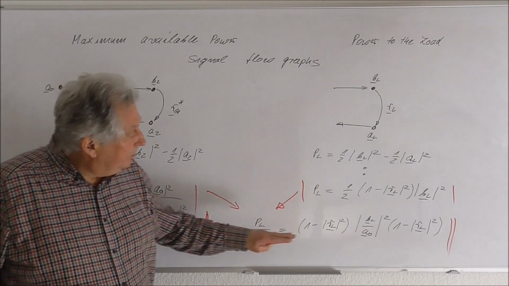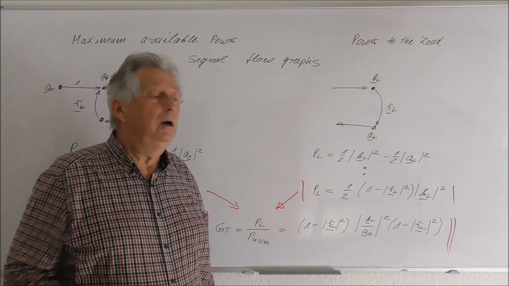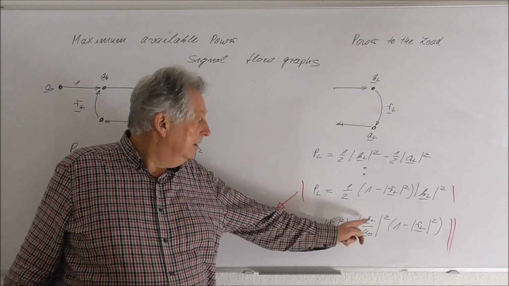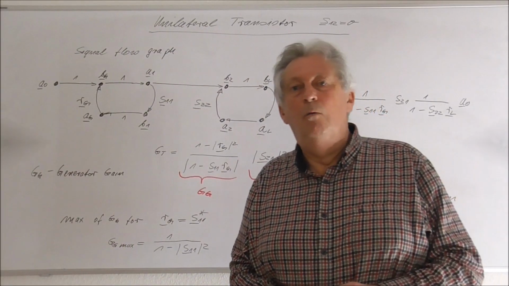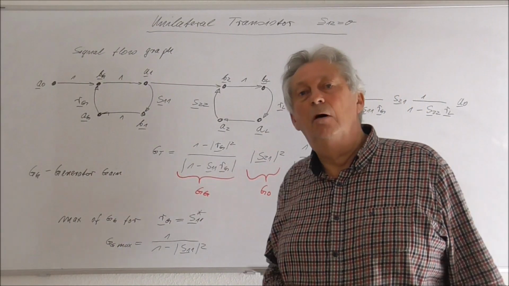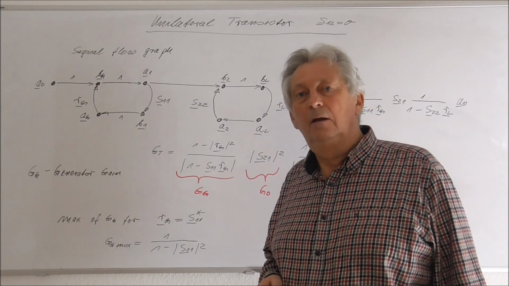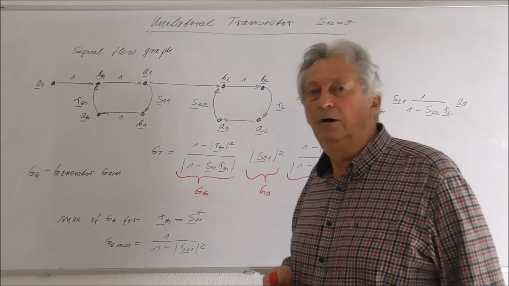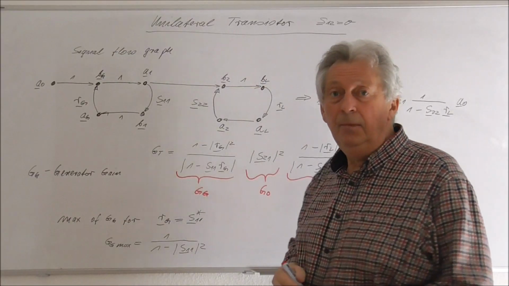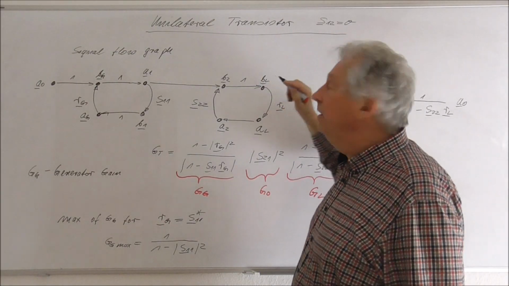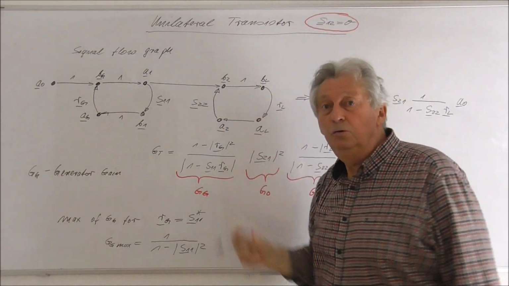In the next step we will insert a transistor here, and we will then calculate the ratio BL over A0. Now I want to go on with the calculation of the transducer power gain of a transistor. In the first step we use a very simple transistor, a so-called unilateral transistor, which is defined by having no feedback from the output to the input.